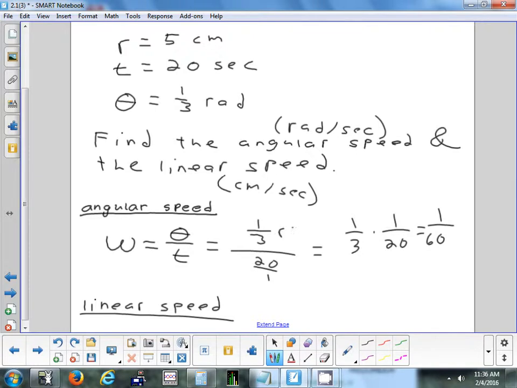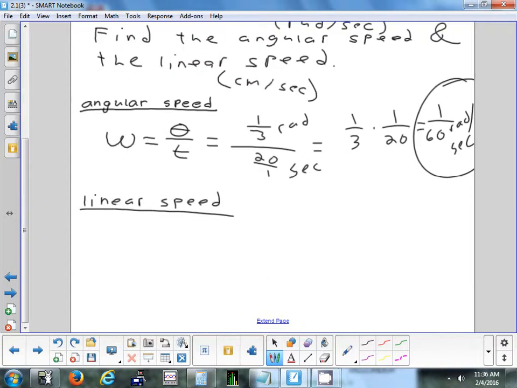And what's my units on that? Yep, I had radians in the top. What did I have in the bottom? Seconds. It's radians per second. So that's your angular speed. 1/60th of a radian per second. So that's your first step for linear speed.